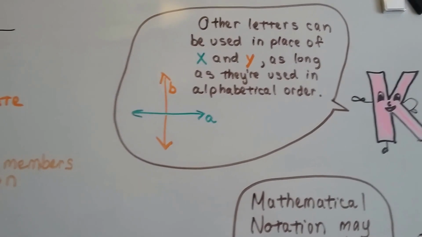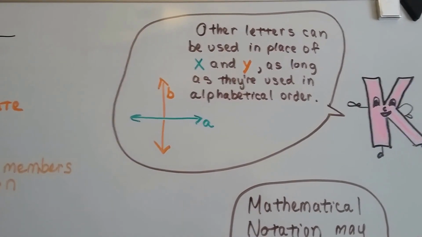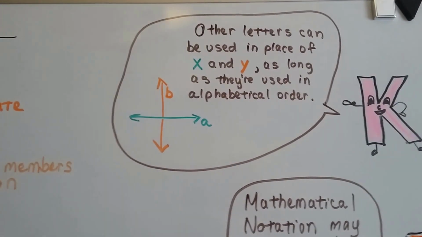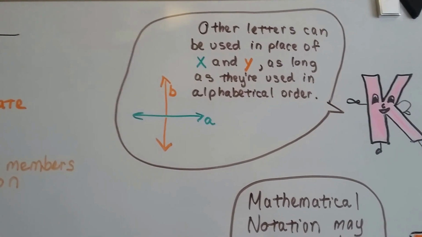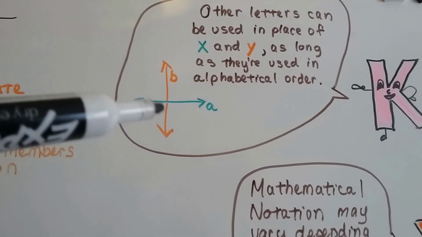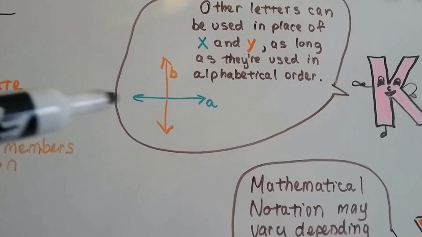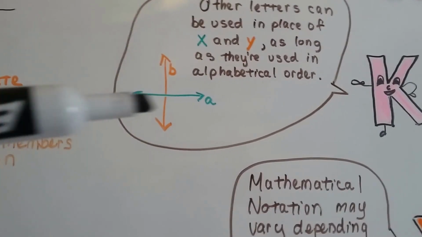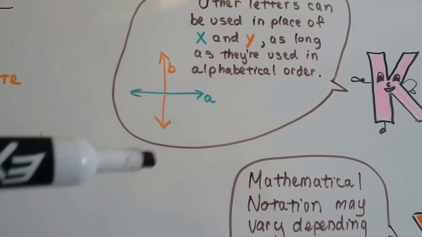The X and the Y are actually arbitrary. They were just chosen and used the most, so that's what everyone's using. And it's kind of generally agreed between mathematicians that we use the X and Y for this. But you could use any letters as long as you use them in alphabetical order, so that would be A, and then we'd have B.